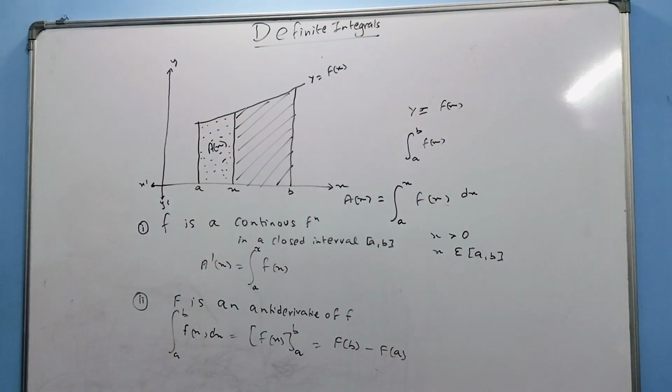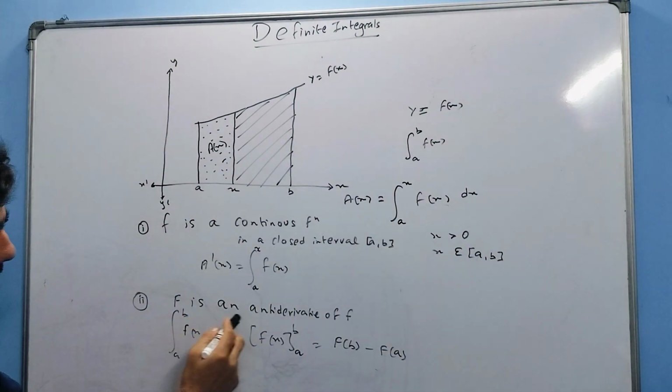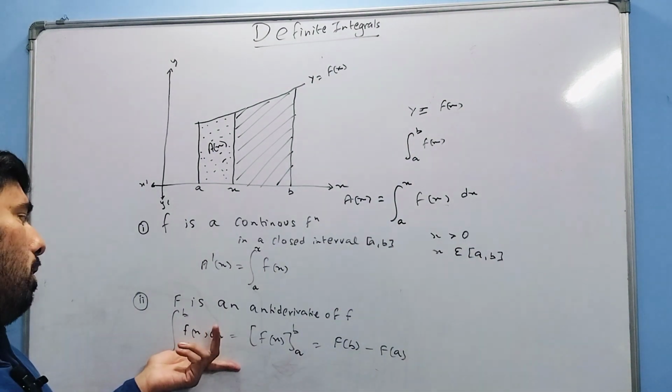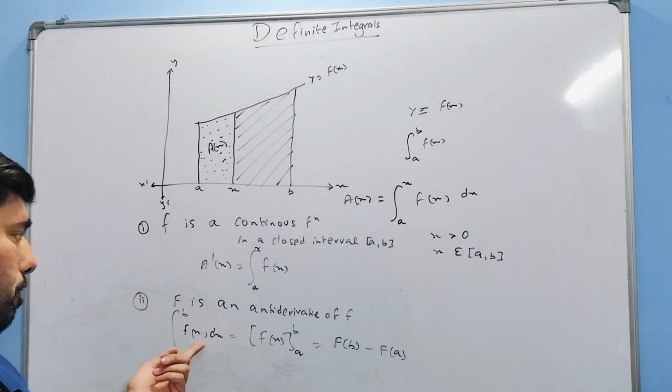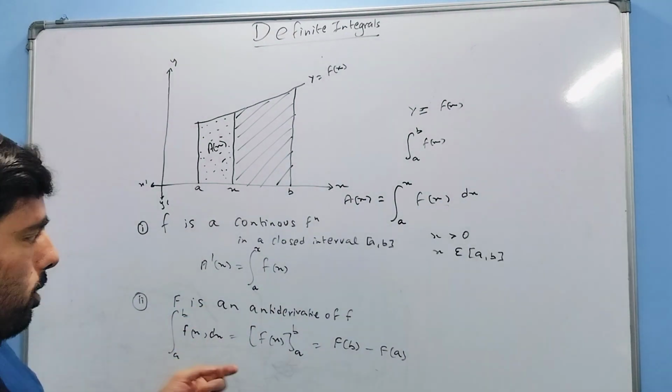So if f is a continuous function in a closed interval and F is an antiderivative of f, then the integration of f(x) from a to b with respect to dx gives this.